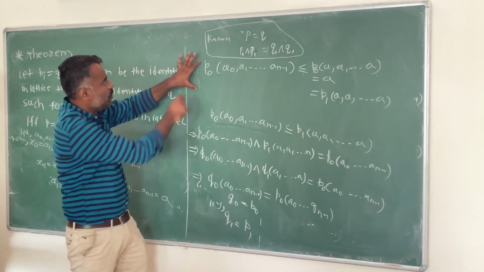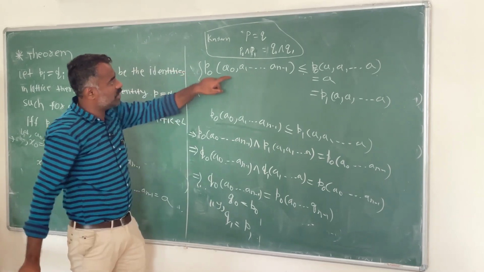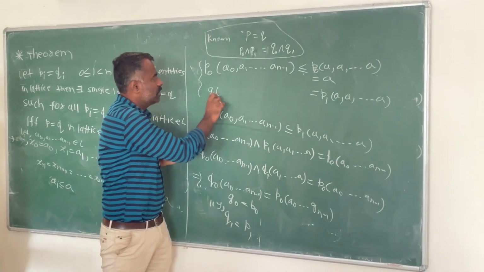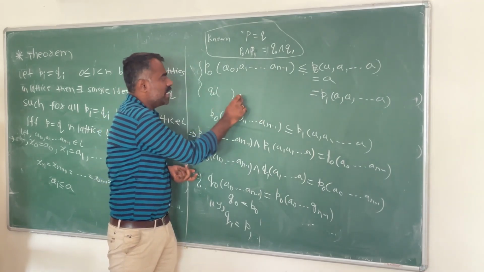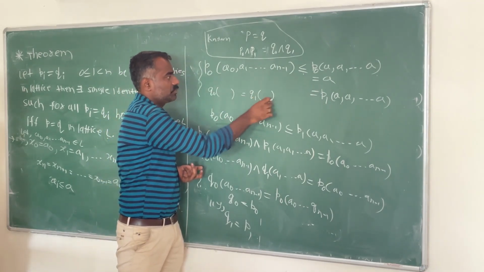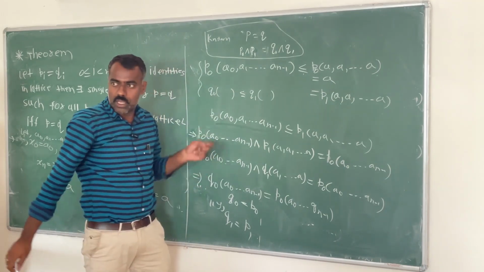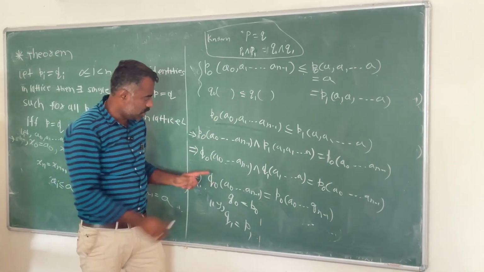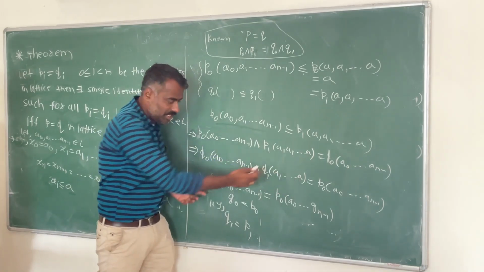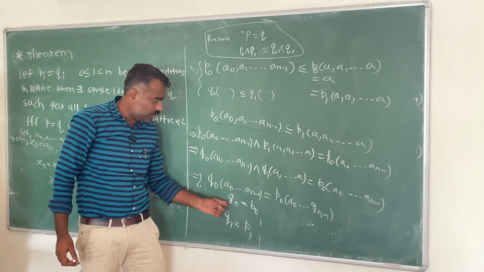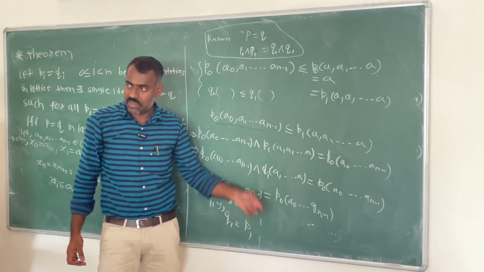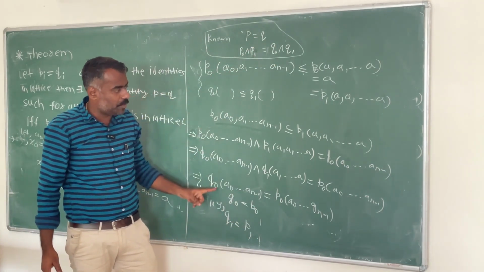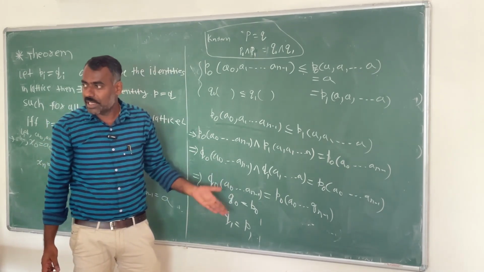And whatever we have proved here, that P naught of this one is less than or equal to this, the same thing you can apply for Q naught, right? So what you get here is less than or equal to. So therefore Q naught meet Q1 is the same as Q naught. So we have proved that Q naught is equal to P naught when we have considered P is equal to Q. And this proof you can do for Q1 equal to P1 also, right?